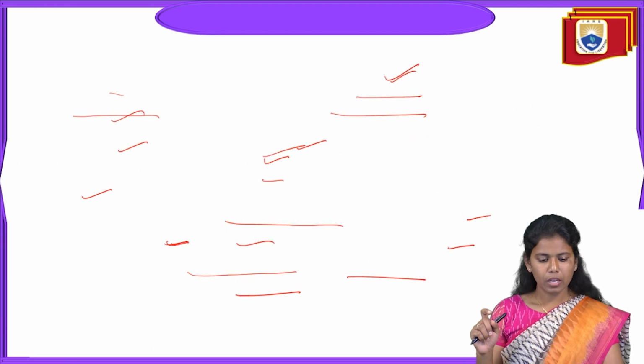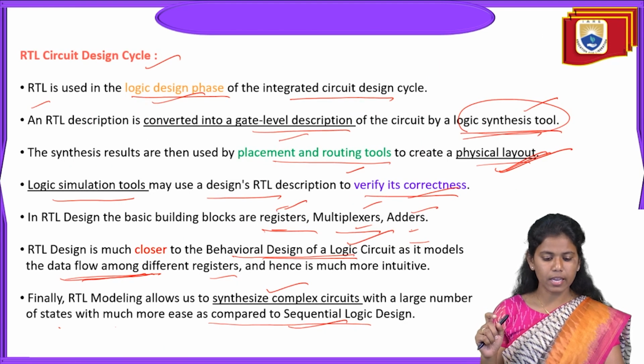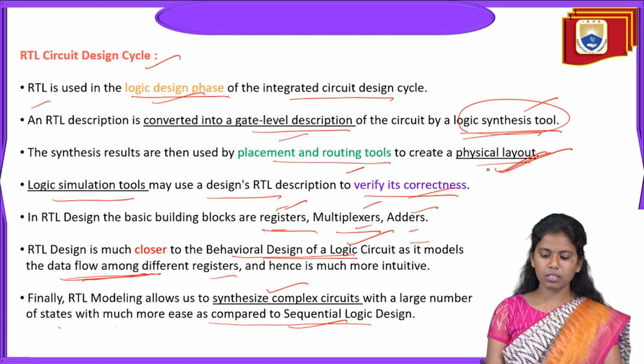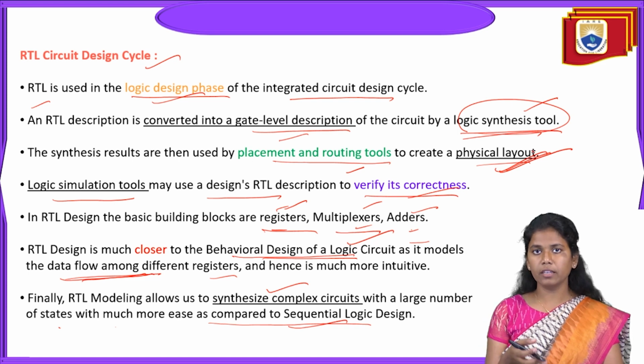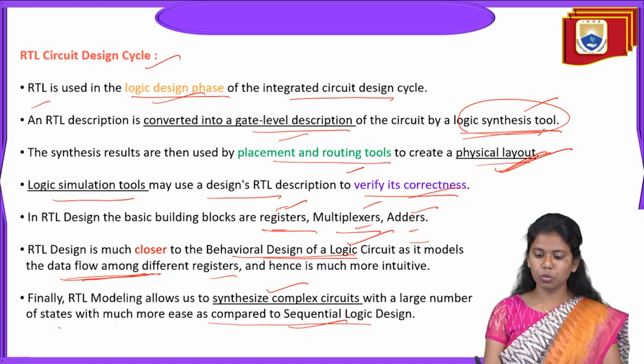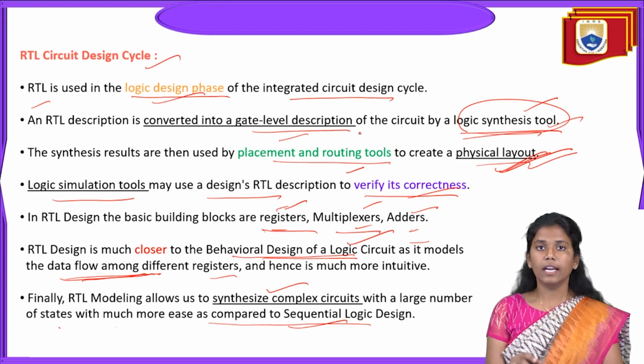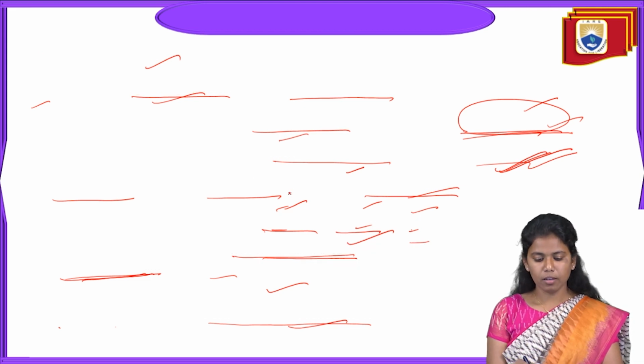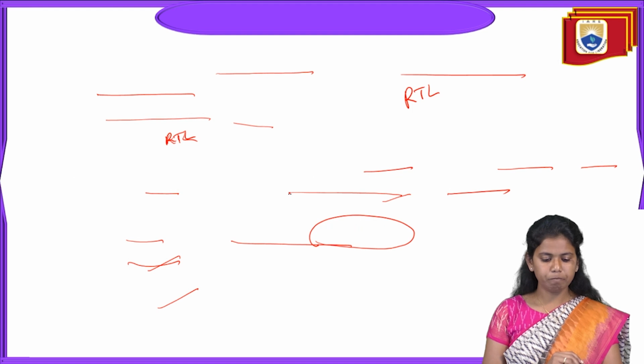And we also discussed the design cycles. These design cycles are an interconnection between the synthesis tools, the physical tools, and the physical layout, and it has to go through all these processes. The tools help us convert from one stage to another.